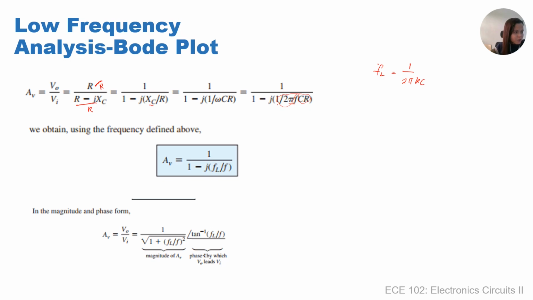Substituting that, we can obtain the gain equal to 1 over 1 minus j FL over f. This is just the rectangular form, and to get the polar value, the magnitude and phase, we have 1 over square root of 1 plus (FL over f) squared.